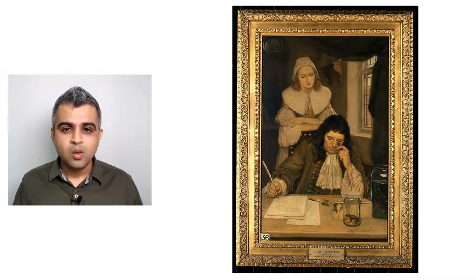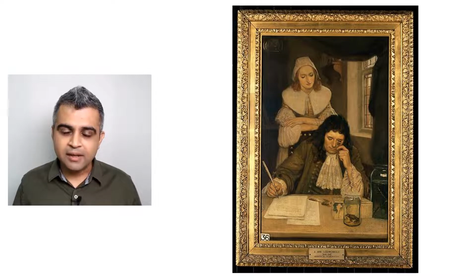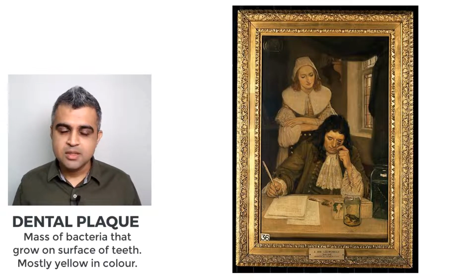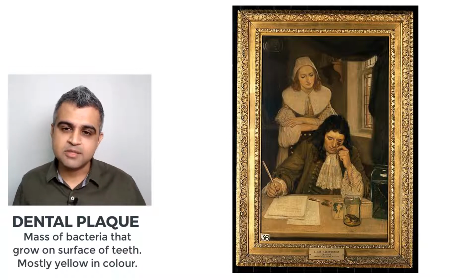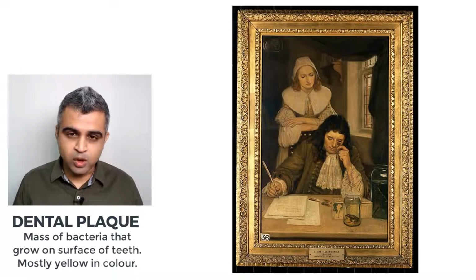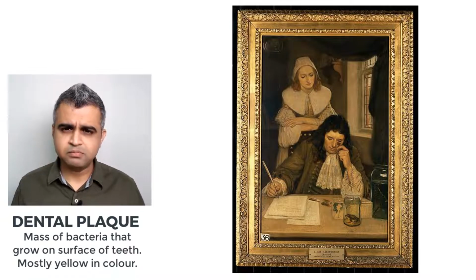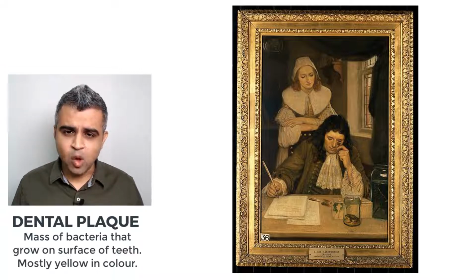Now, one day, it has been written in a few books, a few anecdotes, that he literally took some plaque out of his teeth and he observed it under this microscope. So he had seen a lot of other things. He had seen pond water, he had seen stuff like animal semen, he had seen ox tongue.